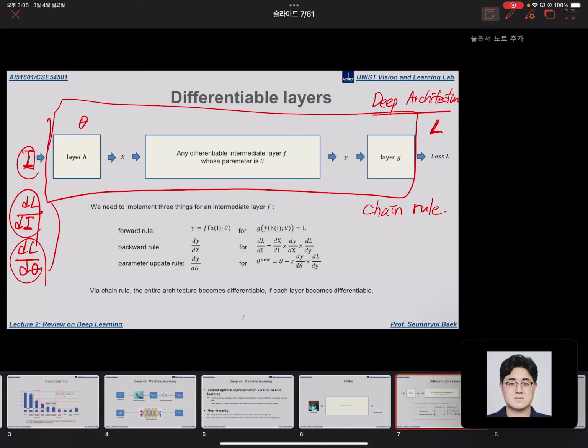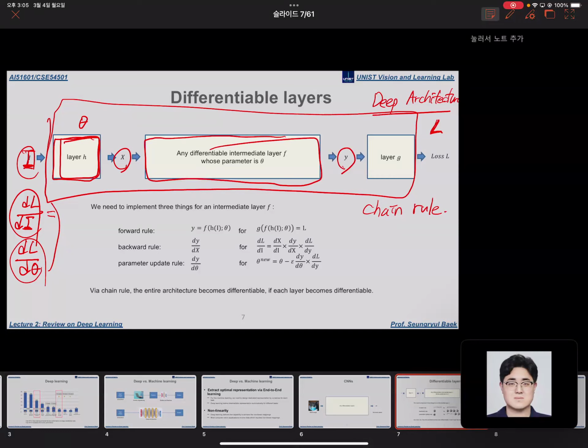And by the chain rule, this could be separated into multiple terms. Let's say they are composed of 3 layers here.